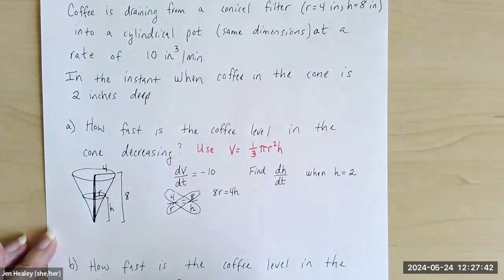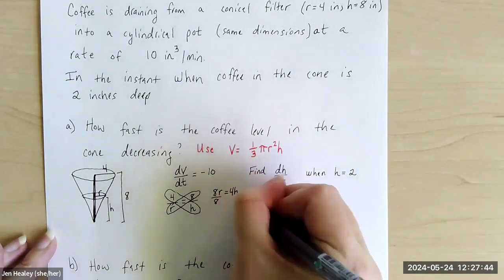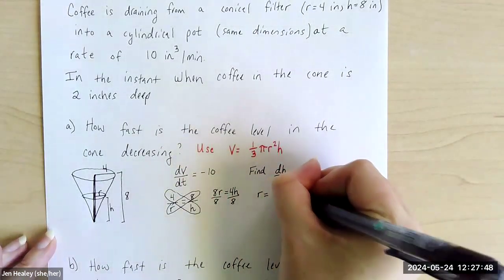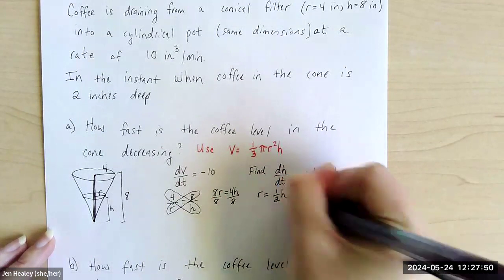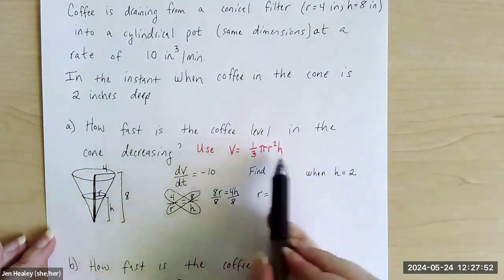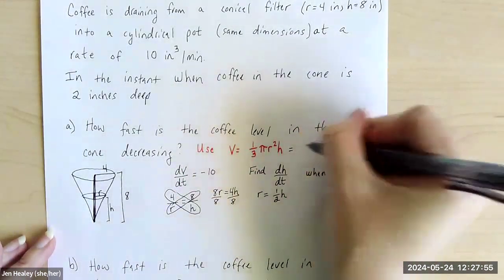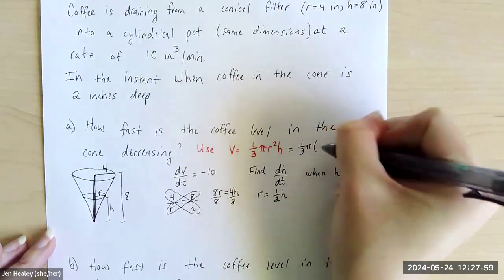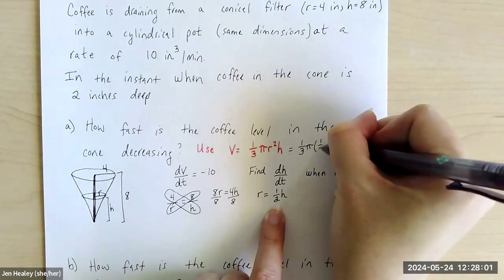And then if you divide both sides by 8, r equals 1/2 h. Perfect. r is equal to 1/2 h. And so into our volume formula up here, I'm going to go ahead and replace the r with 1/2 h.